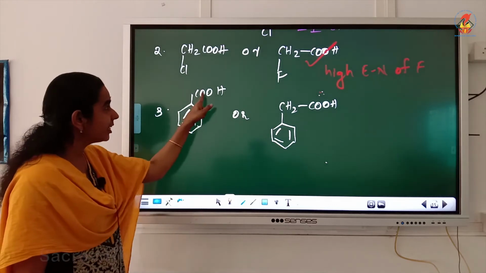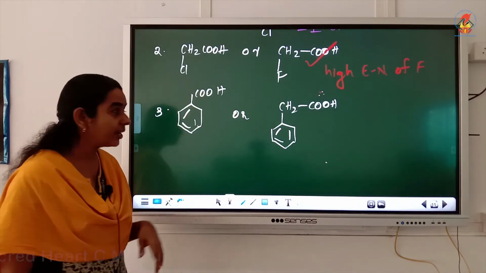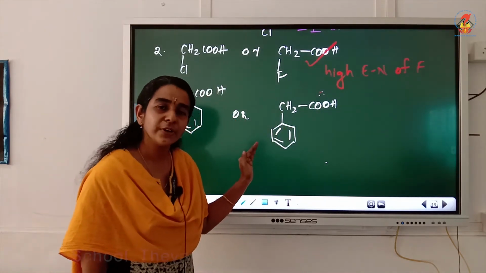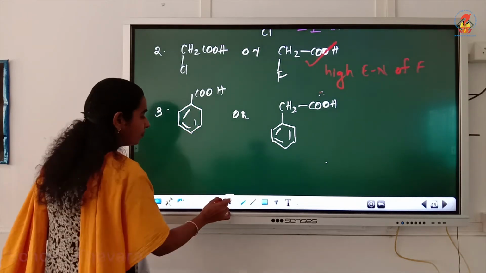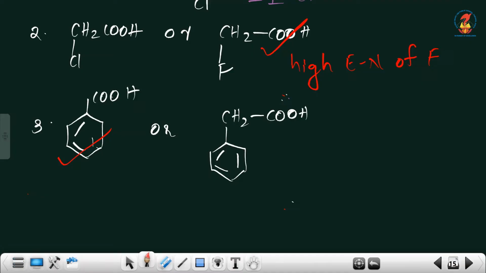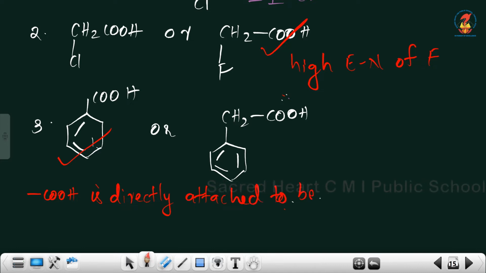So in this, COOH is directly attached to the benzene ring, but here it is not directly attached. It is a little bit far away from the carboxylic acid. So more acidic will be benzoic acid, because the COOH group is directly attached to the benzene ring, while here it is far away.